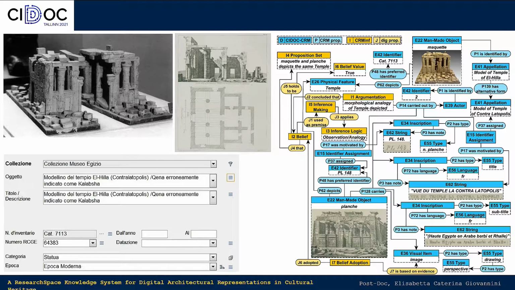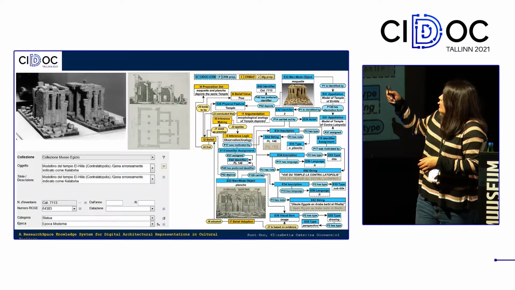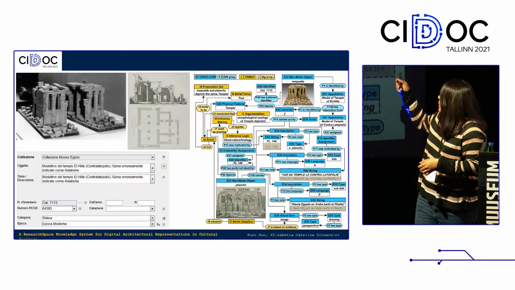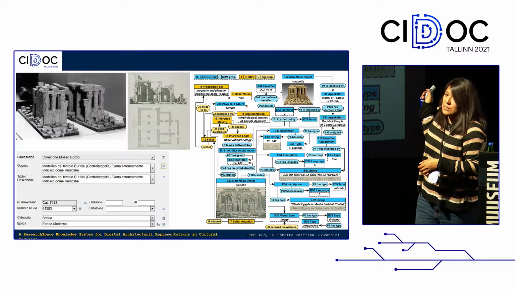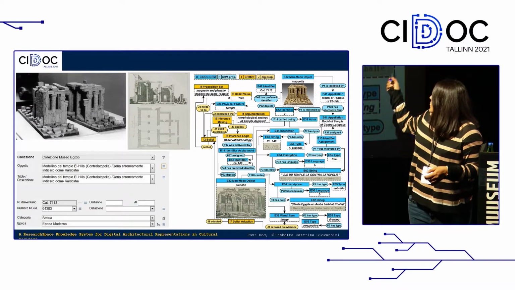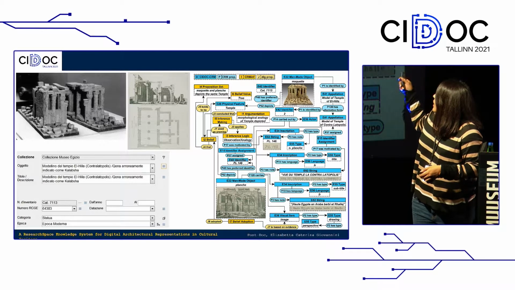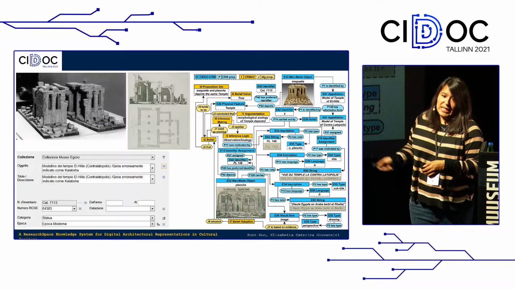In this case, I used the CIDOC CRM inf to make an assumption about the name of the temple depicted by the model, because in the planche there was another name, that it was a temple of Contralatopolis, but nowadays this name is no longer the conventional name for that place.